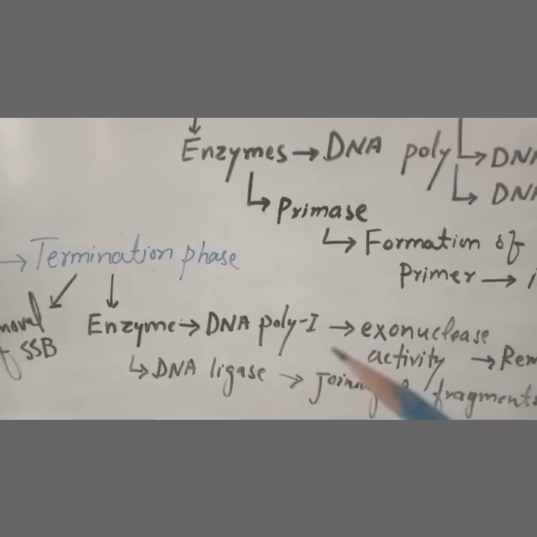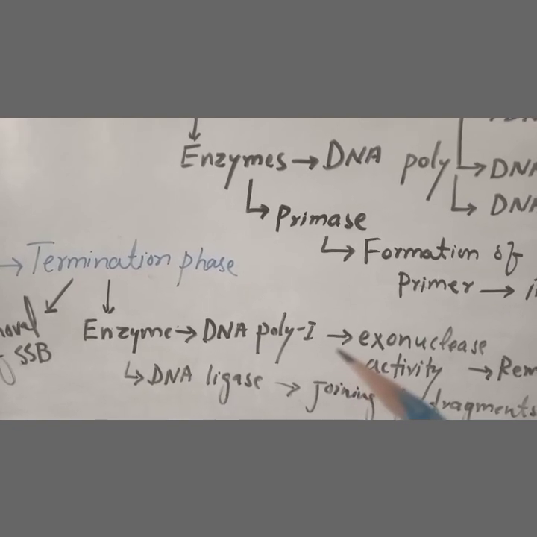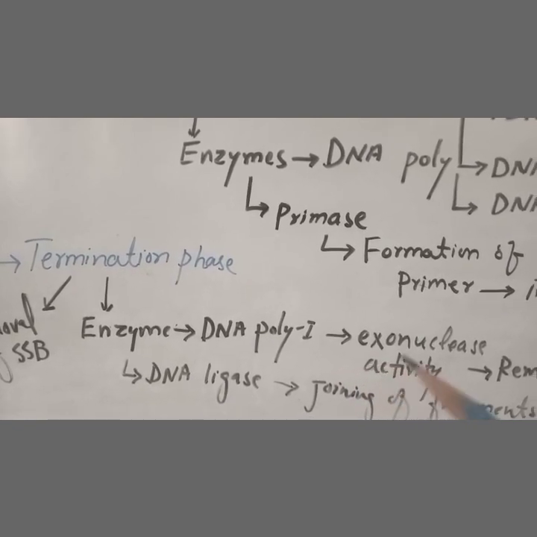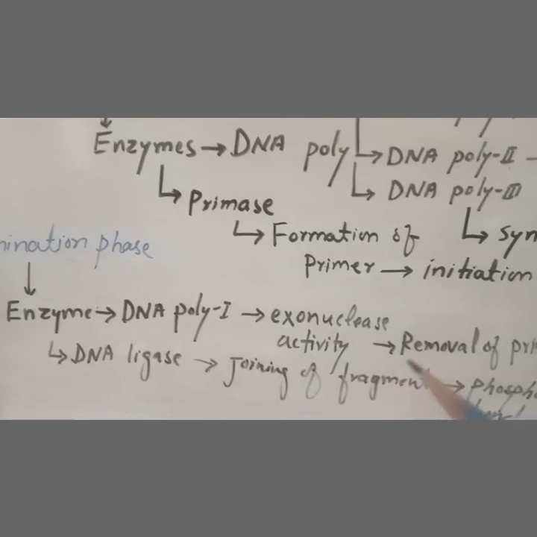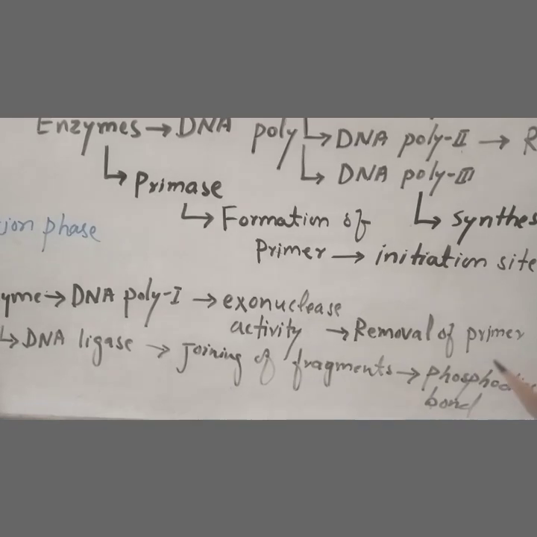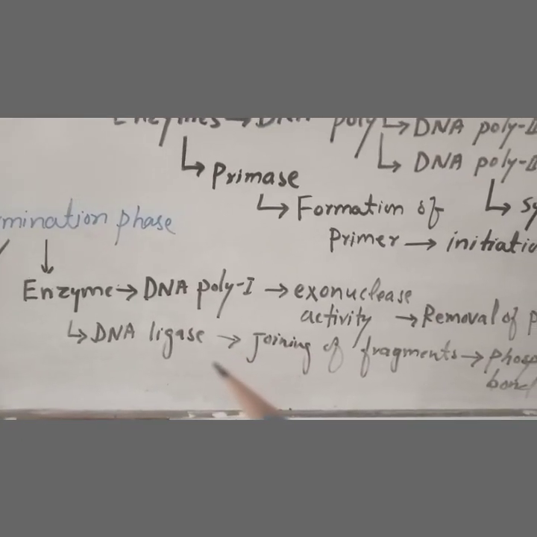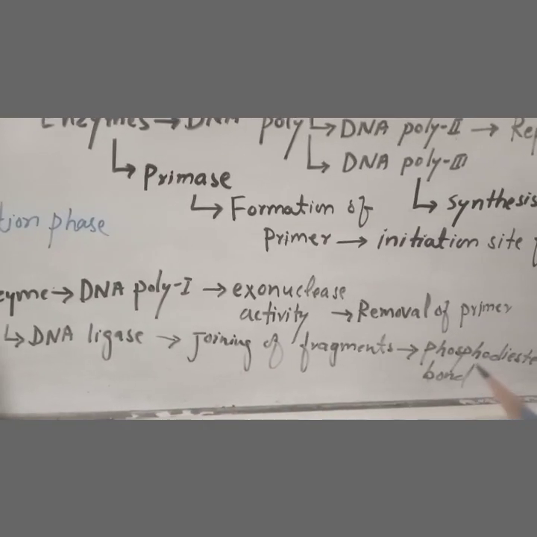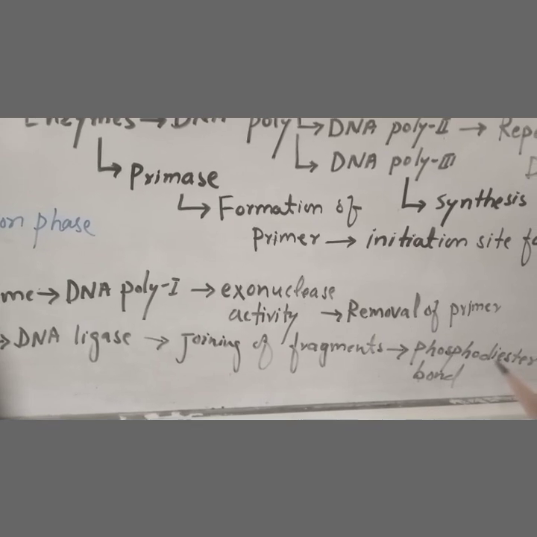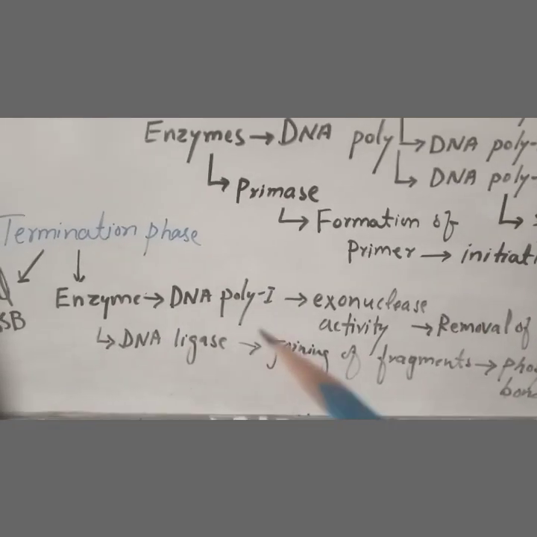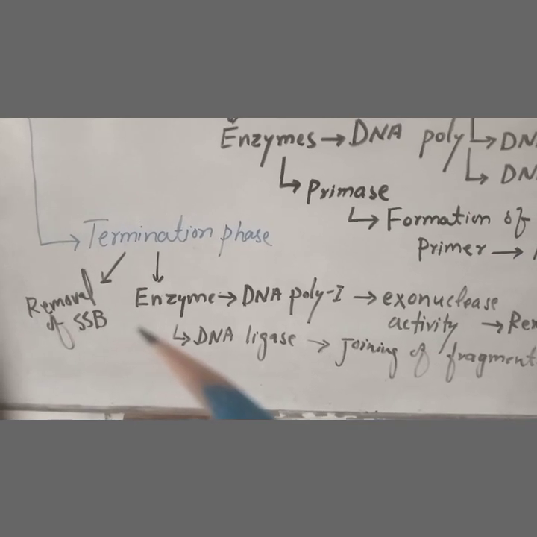DNA polymerase 1 also has exonuclease activity, meaning it removes the primer, and DNA ligase has the activity to form a phosphodiester bond between the fragments. In the termination phase, the removal of single-stranded binding proteins also takes place.